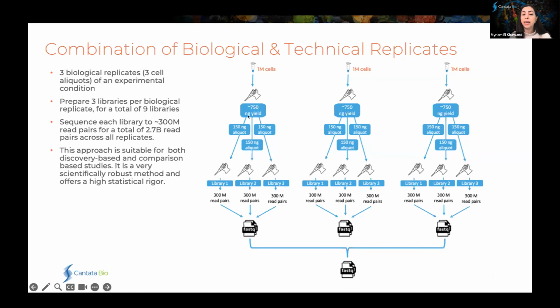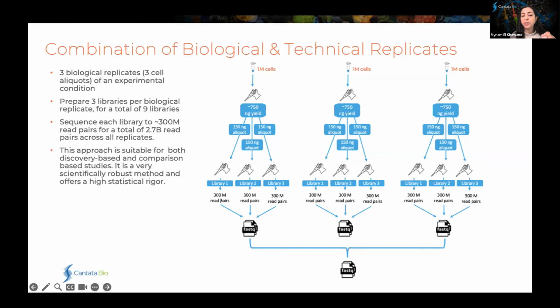And then you're going to take a 150 nanogram aliquot, but 3 times. So 3 aliquots from your proximity ligated DNA, and that's again for each preparation. You're going to convert each of those 150 nanogram aliquots into a library. So essentially you're generating 9 libraries from 3 proximity ligation reactions and 3 1 million cell aliquots.